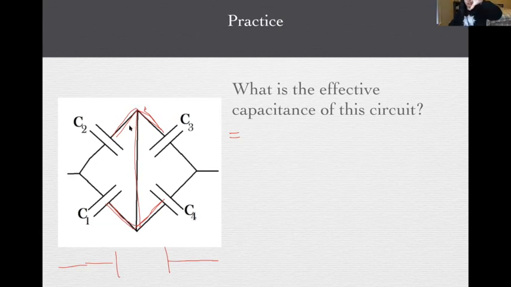If it's wire, then I can pull them, shrink them or elongate them freely, because it's not going to affect my potential voltage in any way. So what I'm going to do is push this side inward. I'm going to shrink the length of the middle wire.